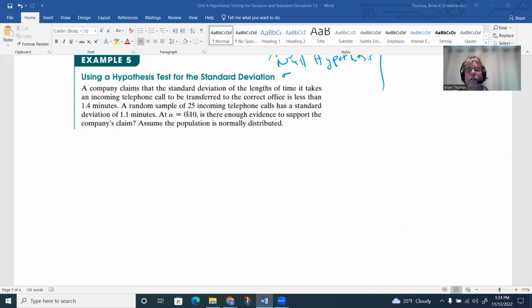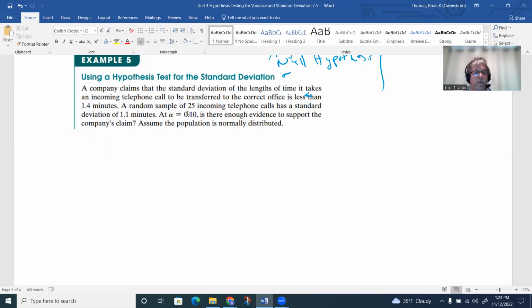So there's our claim right there, less than 1.4 minutes. A random sample of 25 incoming telephone calls has a standard deviation of 1.1 minutes. At a level of significance of 0.10, in other words, 10%, is there enough evidence to support the company's claim? Again, assume that the population is normally distributed.